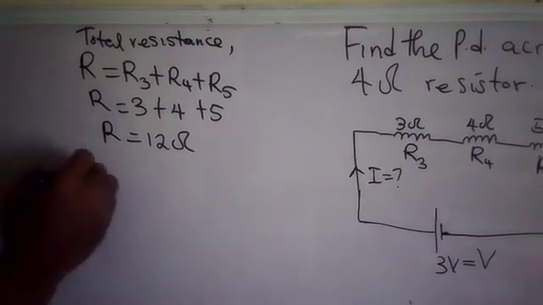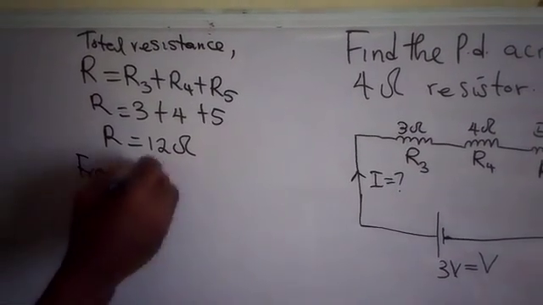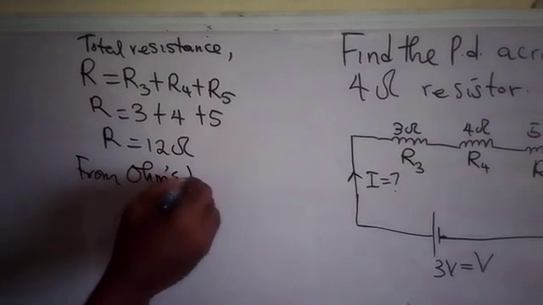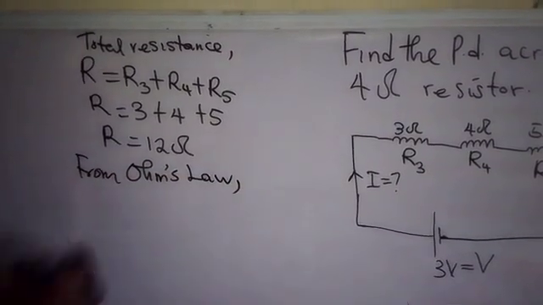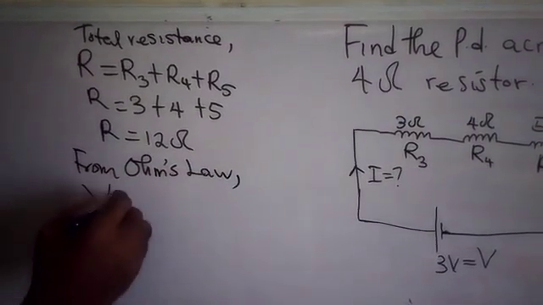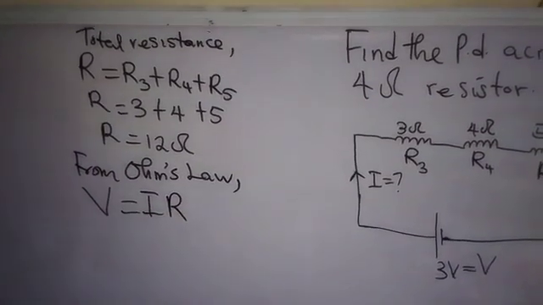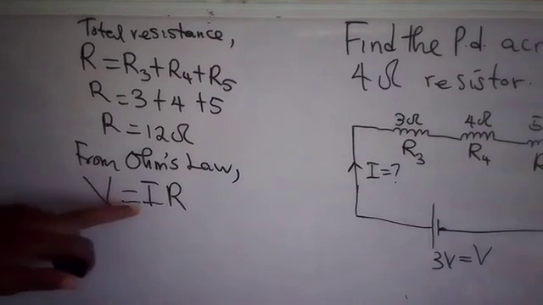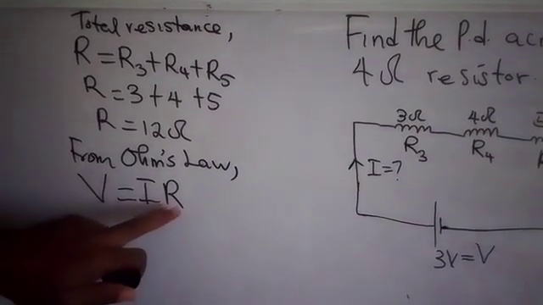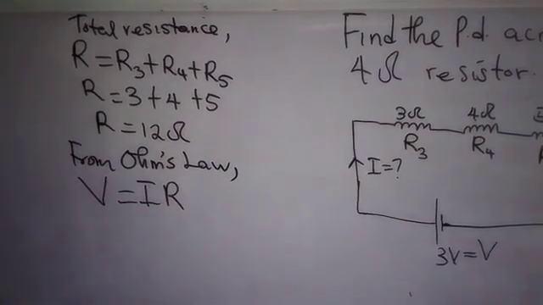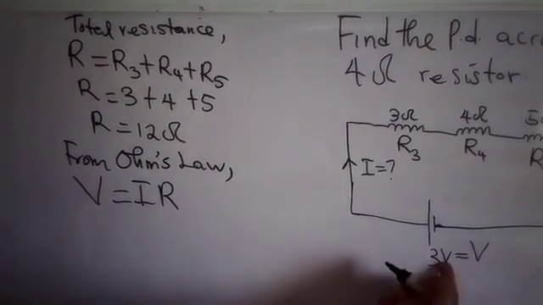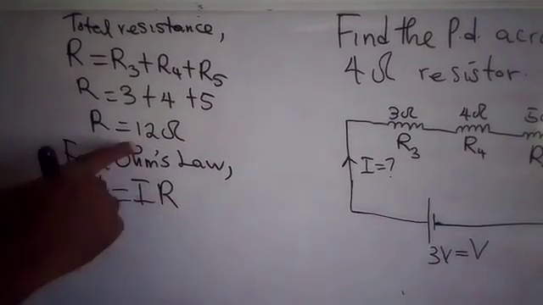Now you remember from Ohm's law, right? We have the formula for voltage as V equals IR. Here, this is my total voltage, this is my total current, and this is my total resistance. I have my total voltage as 3. I have my total resistance as 12.